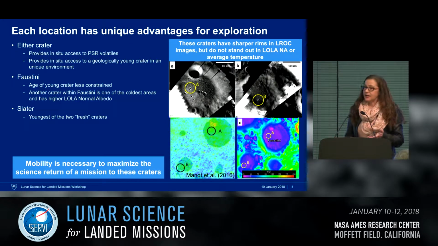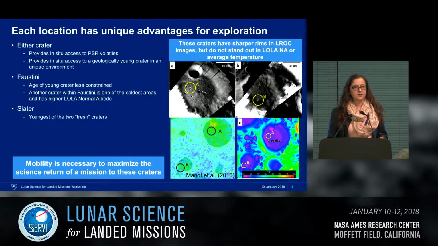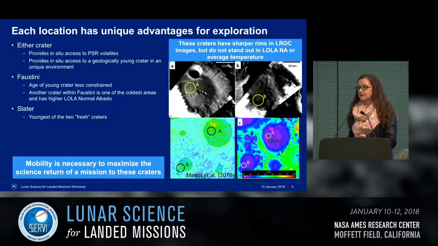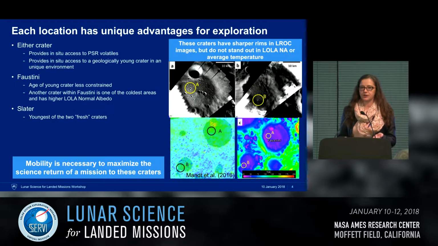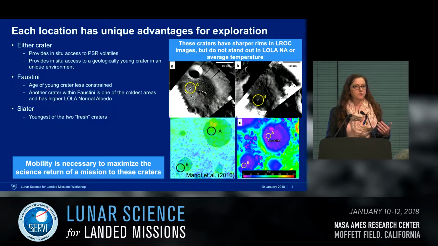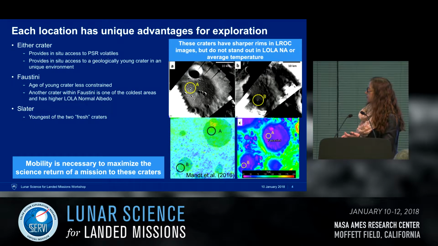So each of these locations is interesting. They're in a PSR, there's going to be volatiles likely in the PSR, so that's going to be valuable. And then we have two young craters. Now, Slater is interesting because it's the youngest of the two fresh craters. There's also a larger area that has view of the Earth in this Slater crater, but it's not quite as cold as Faustini.